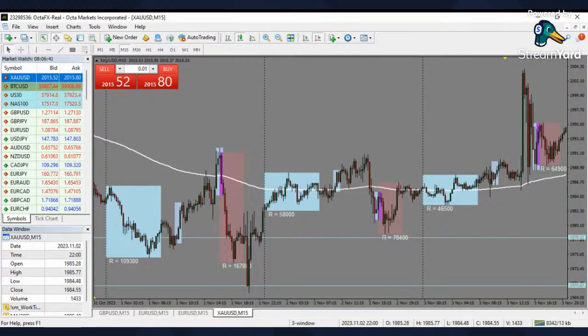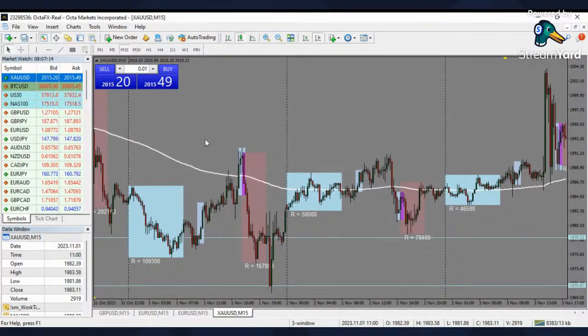You can see these boxes, this rectangular box, and these small boxes, this small rectangle. Each of these boxes shows different things: the different sessions we have in the market, right?